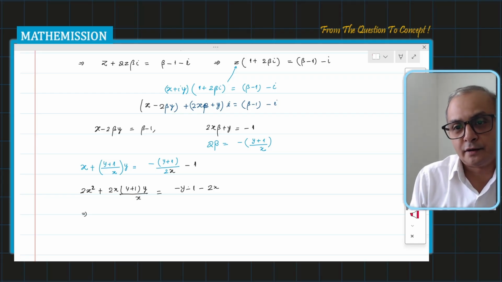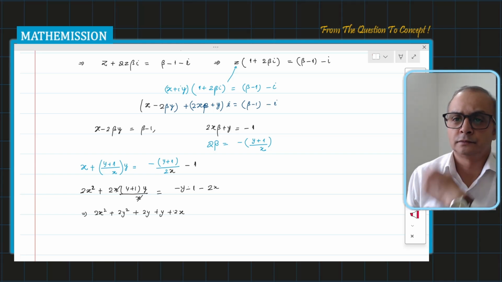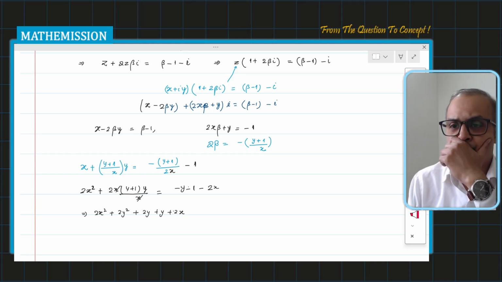So from there, x cancels here. I'll give it 2x square, and also you can notice this will be 2y square, then 2y, and this will give you plus y plus 2x and plus 1.